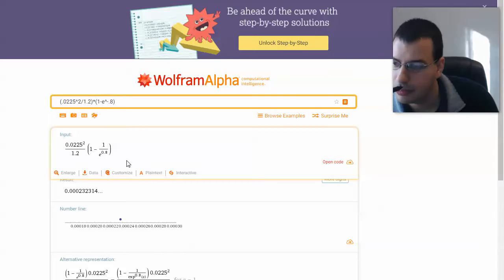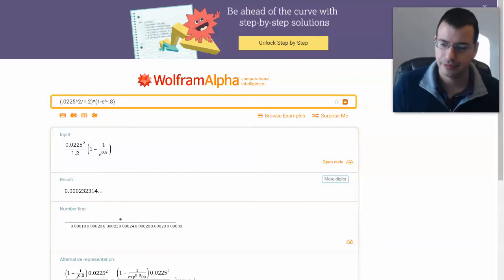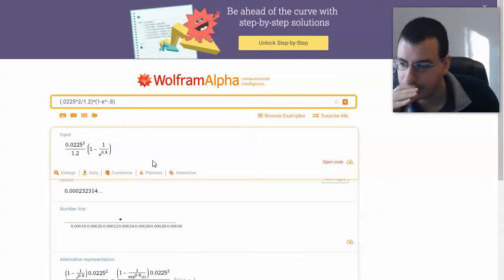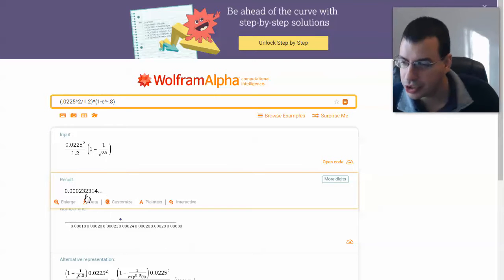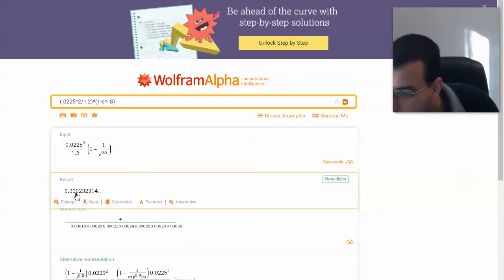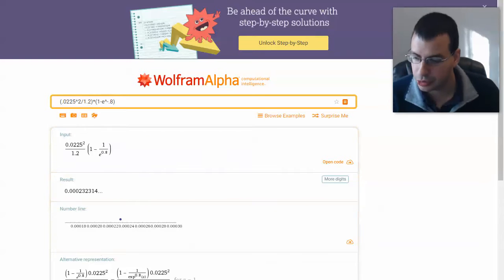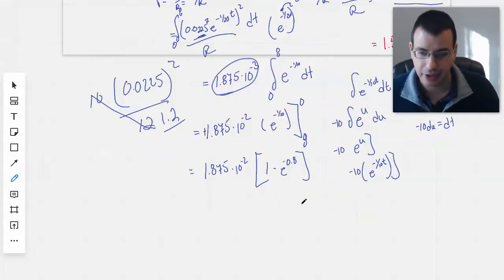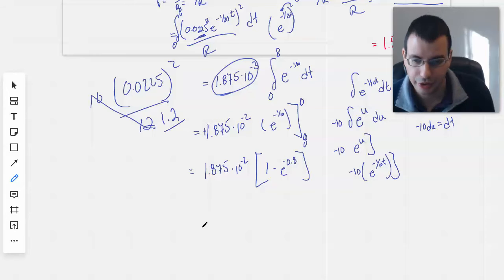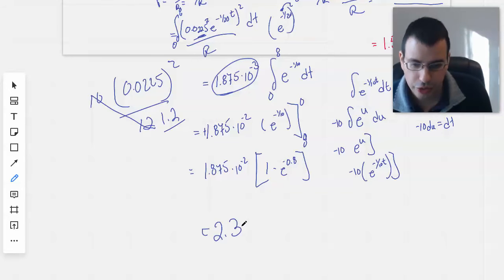That looks more, yes. I'm good with that. Okay, so this will be 2.32 times 10 to the 1, 2, 3, 4. 2.32 equals 2.32 times 10 to the negative 4th joules.